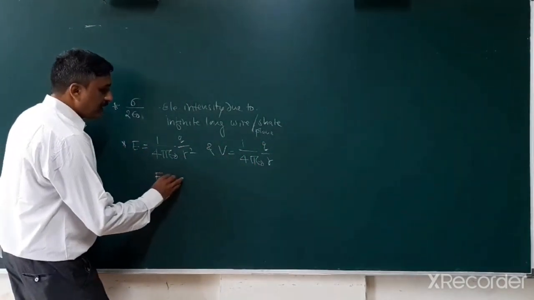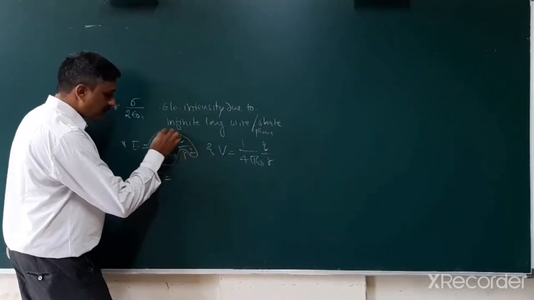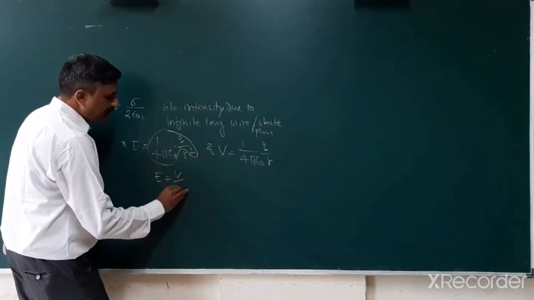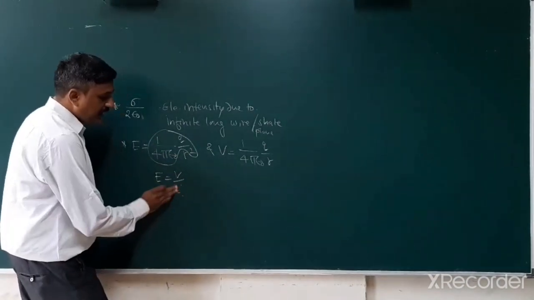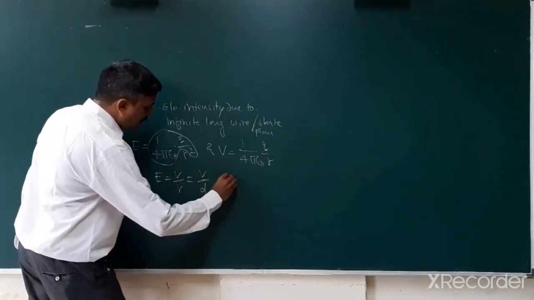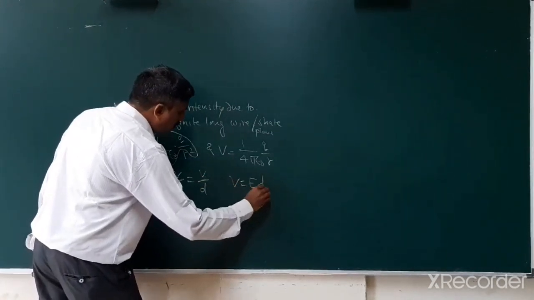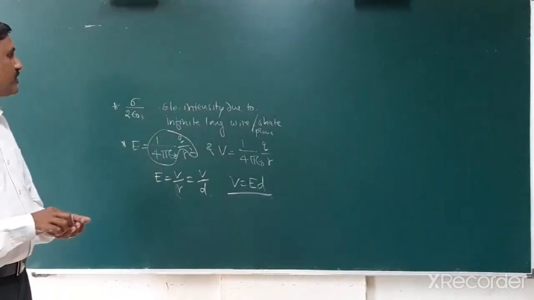Then intensity becomes simply V divided by the distance R or distance D, or V by D. Therefore V becomes E into D. This one formula is required to study today's article.